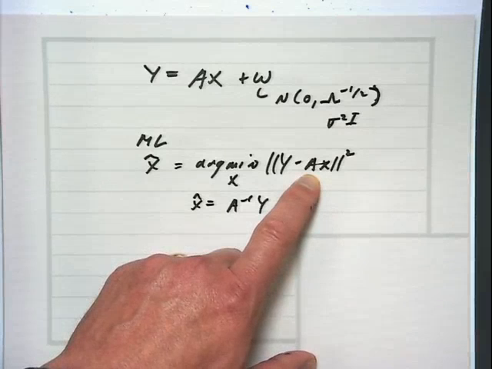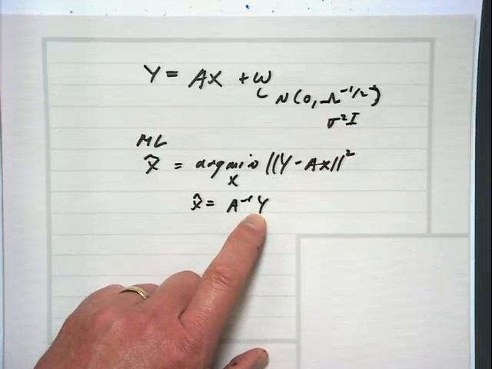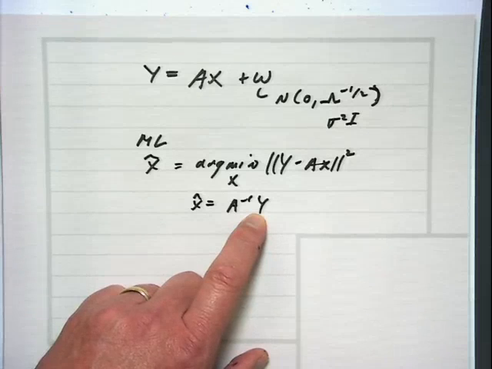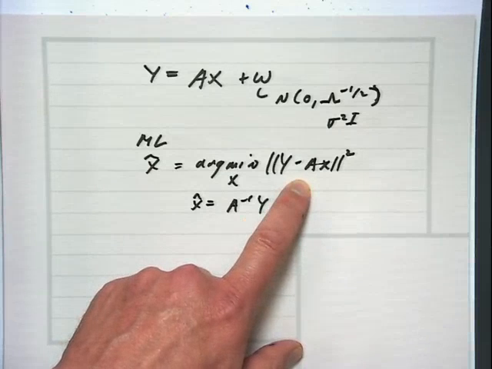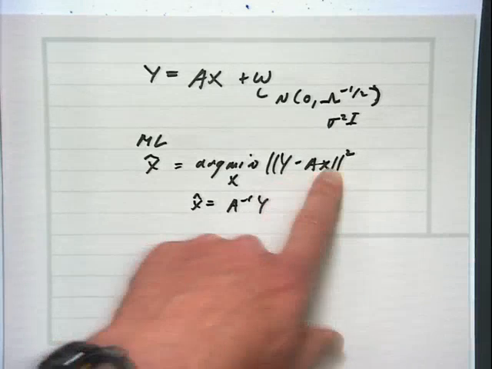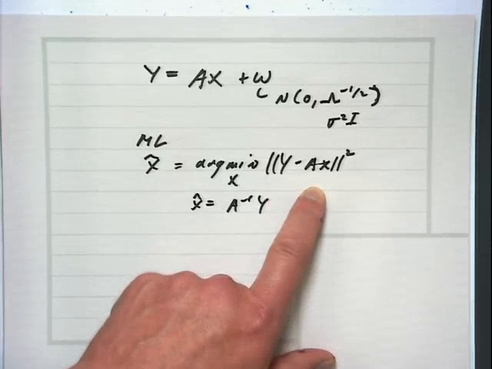Then there's the so-called pseudo inverse, which is the solution that minimizes this, but it doesn't make it zero. So the solution may be non-unique.